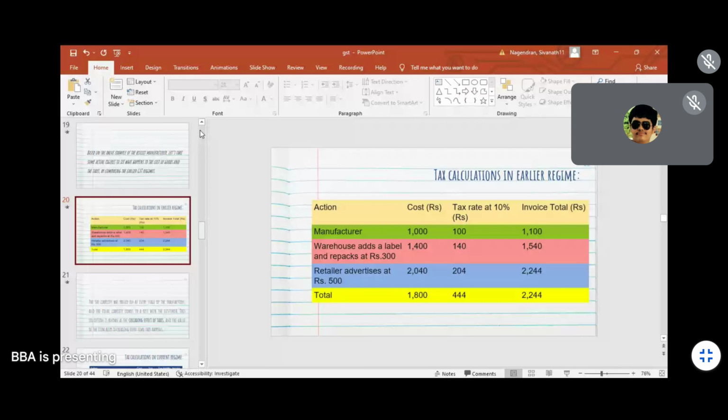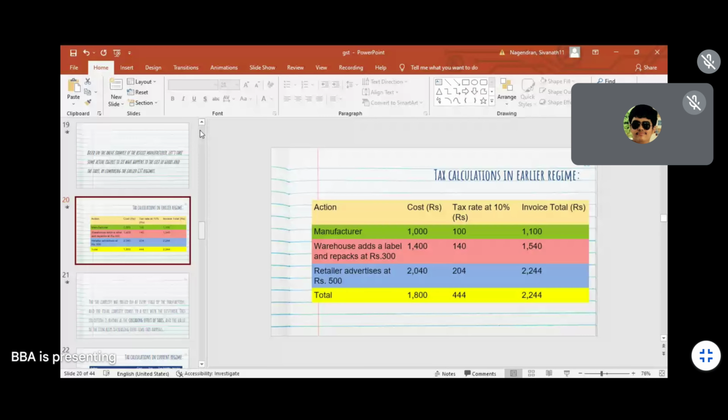Again, in the warehouse, while moving on to the retailer, they are charging 10% of tax rate. So 10% from 1400 is 140. So now the invoice total is 1400 plus 140, 1540. So from the warehouse, now it reaches the retailer.